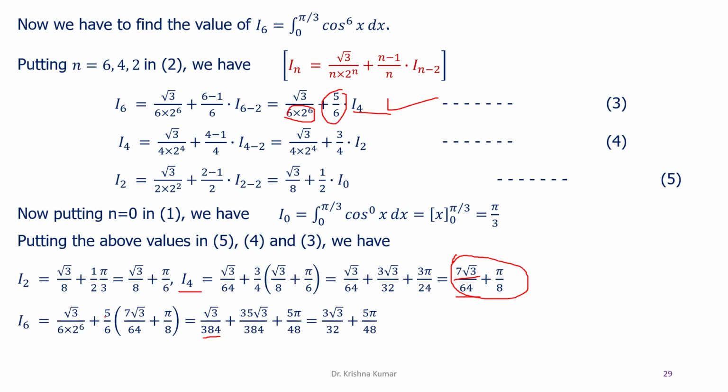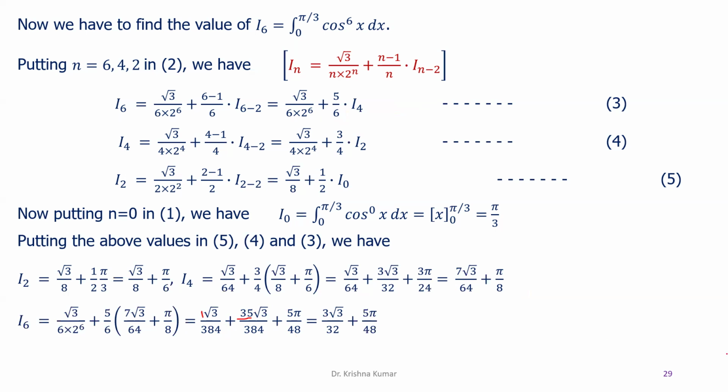Now, if we multiply this, 5 into 7 is 35 root 3 upon 6 into 64, which is 384, plus 5 pi by 6 times 8, which is 48. So if we simplify, 1 plus 35 is 36, so 36 root 3 upon 384 plus 5 pi by 48.